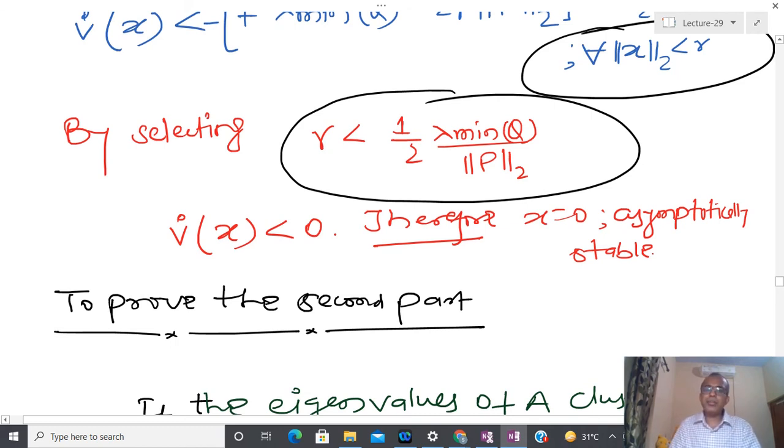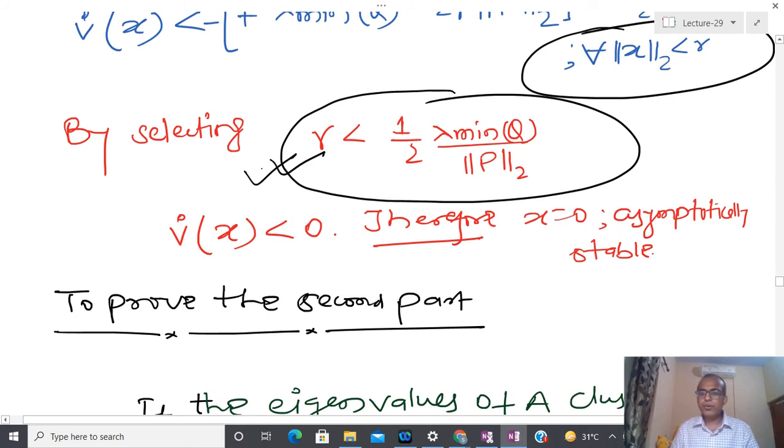Due to that reason, V dot of x less than 0 is not always true; there always exists some kind of restriction. Whenever this inequality is violated, I cannot talk about the asymptotic stability of x equal to 0. If anyone has confusion on this point, please let me know. Have you understood this derivation, everyone?